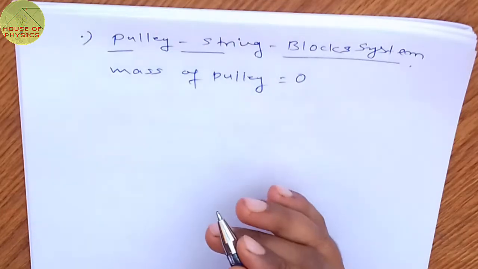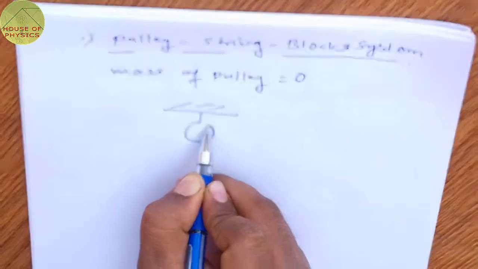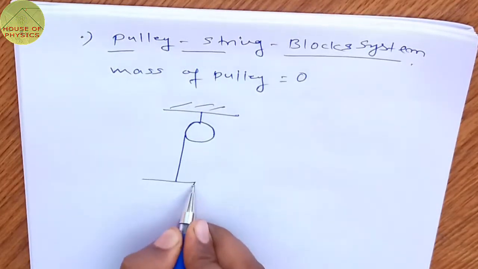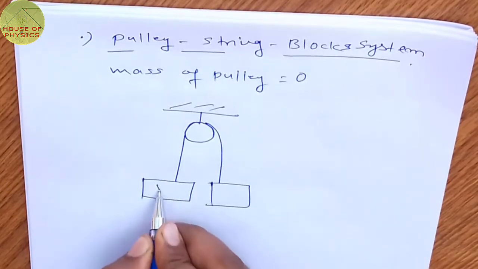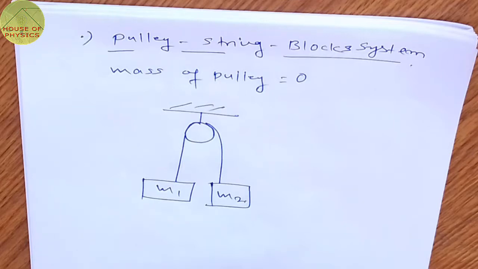So now suppose this is a fixed pulley, and this pulley has been connected with two blocks with respect to a string. This one is M1, this one is M2. Again, the same concept which we studied, as you remember, that the velocity components or acceleration components of all the blocks along the direction of the string remain constant.